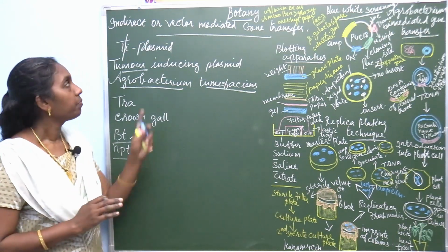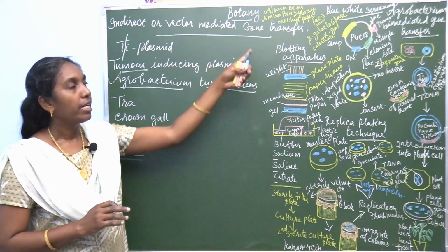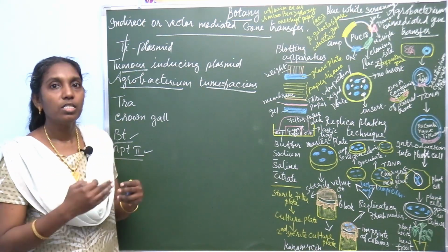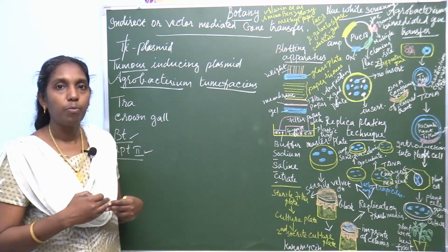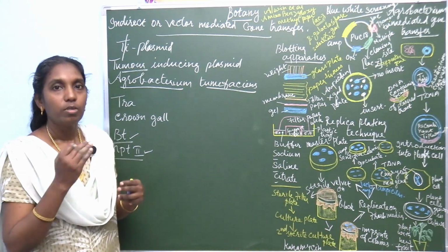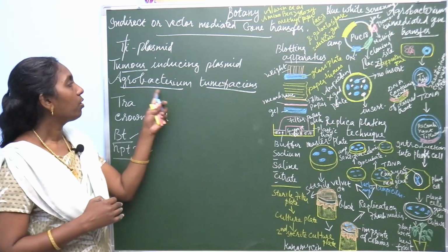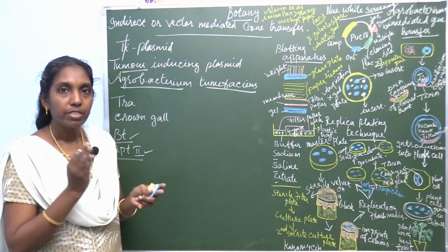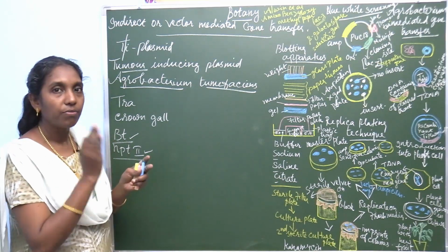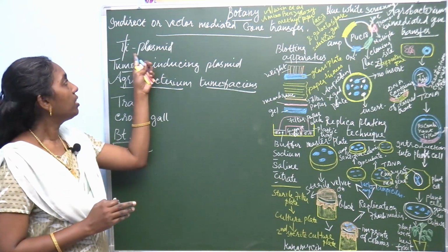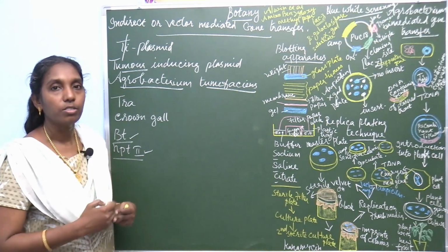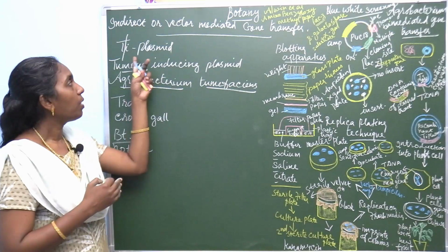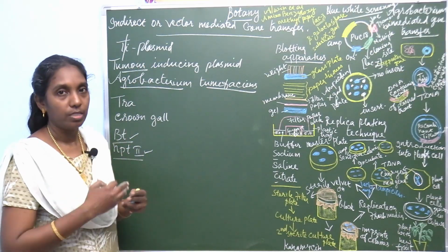So, first question, vector mediated gene transfer. In plants, the genes are transferred with the help of the Ti plasmid, which is obtained from Agrobacterium tumefaciens. The Ti plasmid contains T-DNA; the part of the gene from the Ti is isolated or removed and modified, and this plasmid is helpful to transfer the gene.